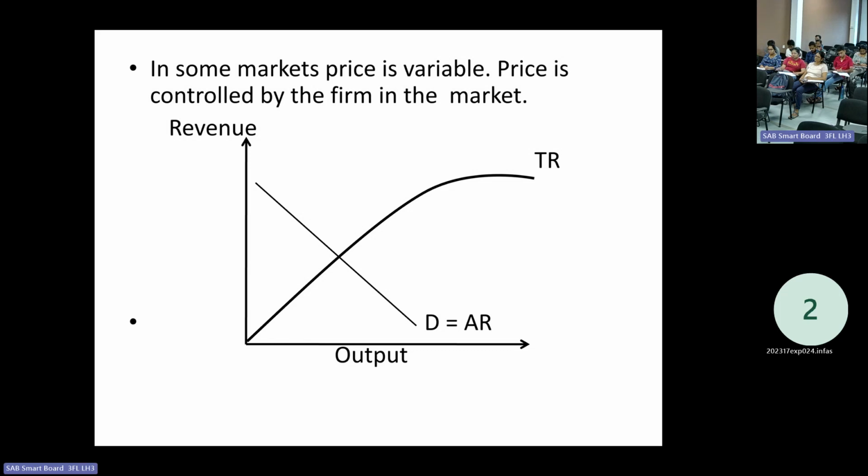Okay, is it clear? Right now we are talking about these markets, and later on we will talk about more, but these things are linked in the markets. When we talk about market revenue and average revenue, the simple thing to keep in mind for the time being is that in the perfectly competitive market, the price is determined by market forces.